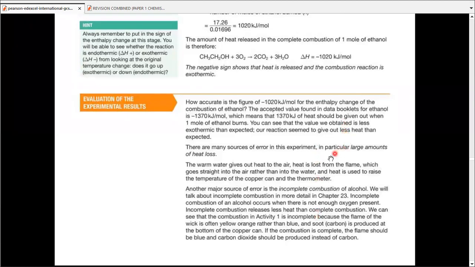Okay. Evaluation of experimental results. How accurate were your results? To be honest, your results were off, while in data booklets, the booklets you are given in exams, the values will have this value. Now, where does this number come from?